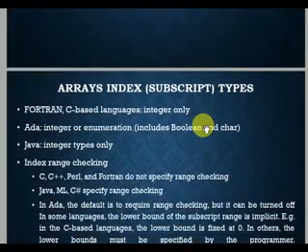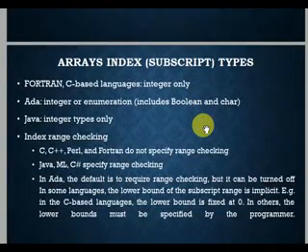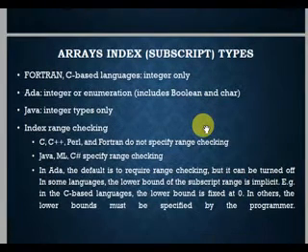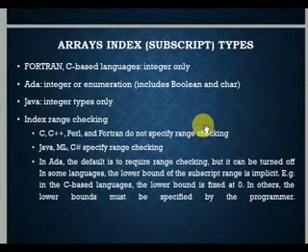The next topic is array index subscript types. What kind of types are we going to use for the array subscript or index? Mostly we just use integer values. We cannot use index values like 1.4 or 1.3.